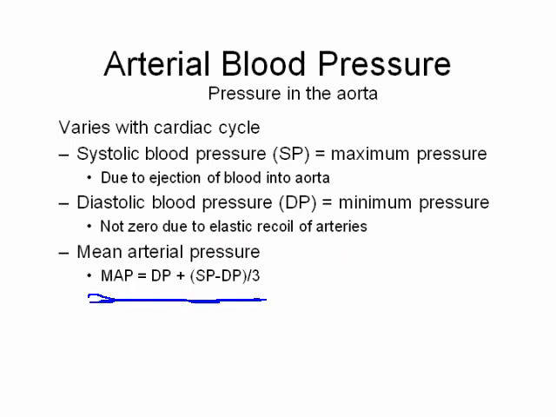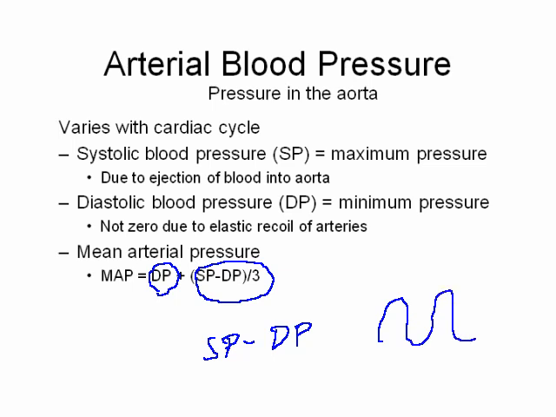Mean arterial pressure can be calculated by taking the diastolic pressure and adding 1/3 of the difference between the systolic and diastolic pressure. That difference is also called the pulse pressure, the systolic pressure minus the diastolic pressure. If this is the pressure pulse wave, it is the systolic minus the diastolic.